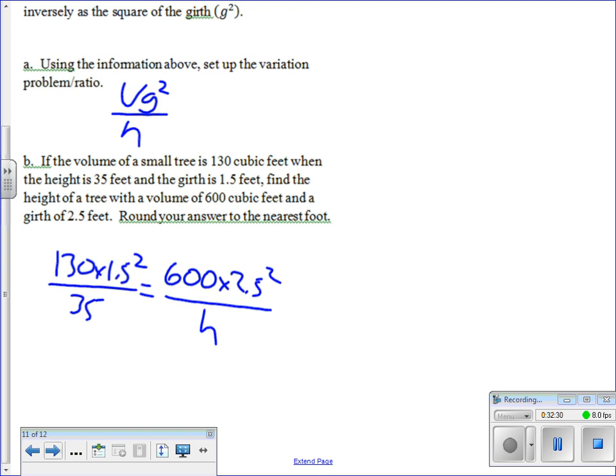So I get 8.357 blah blah blah on one side equals 3750 over h.